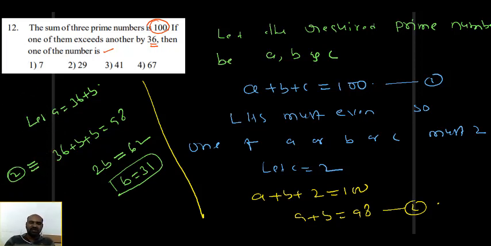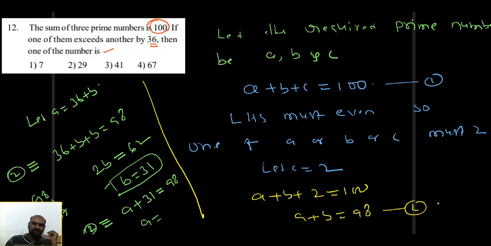Now I got B and C. Now I want to find the A value. I am using equation 2 again. Instead of B I can write 31. A plus 31 is equal to 98. 98 minus 31, that is 67.